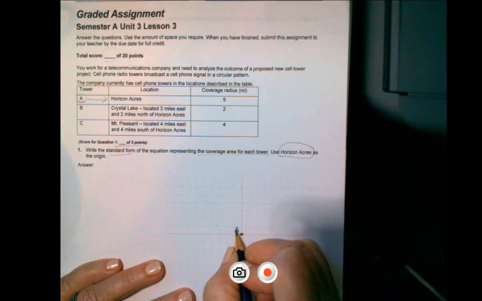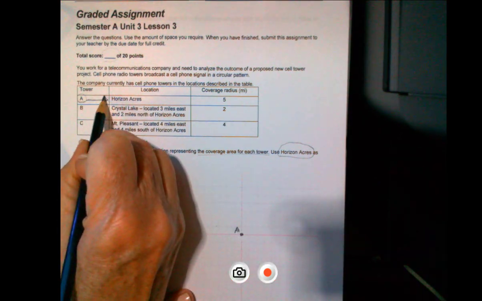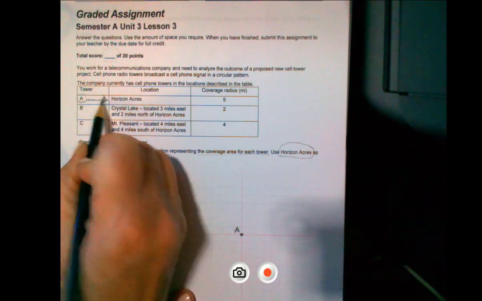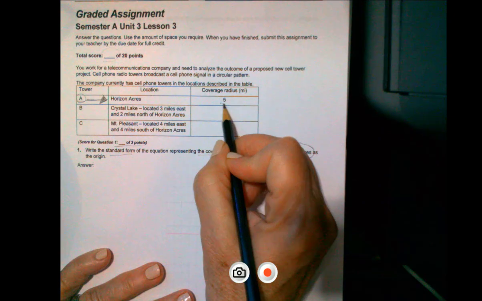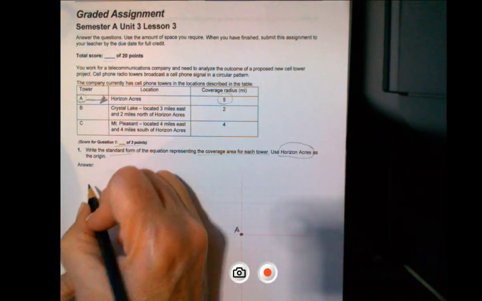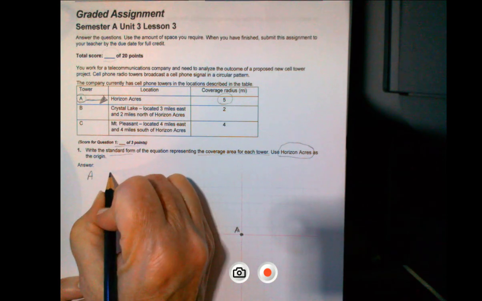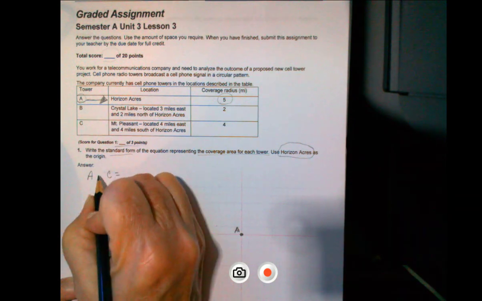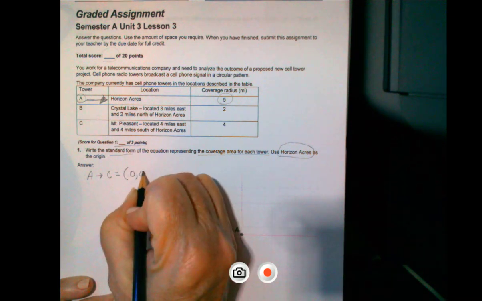That's why I need to refer back to my table when I want to know what A is. It's going to be Horizon Acres, and Horizon Acres starts at the origin. So the center of circle A is going to equal 0, 0.